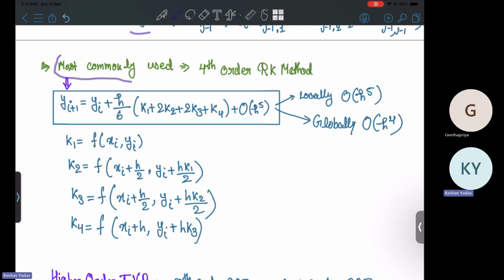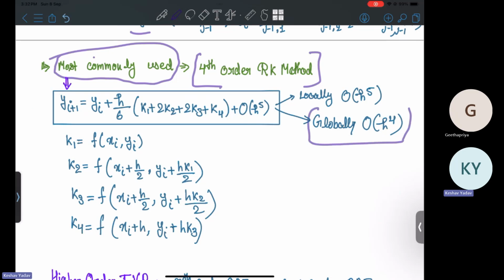But the most commonly used Runge-Kutta method is the fourth order Runge-Kutta method. Fourth order Runge-Kutta method means it will be globally fourth order accurate, and locally fifth order accurate.